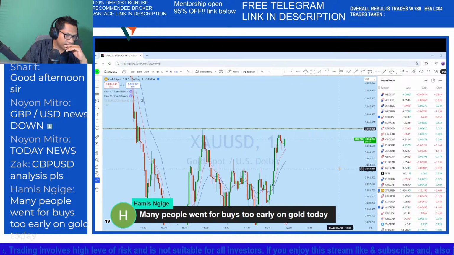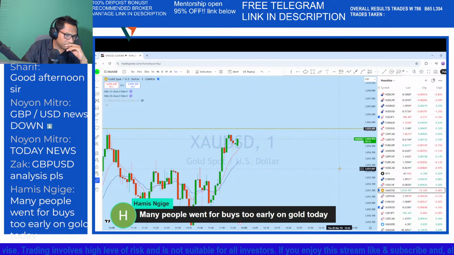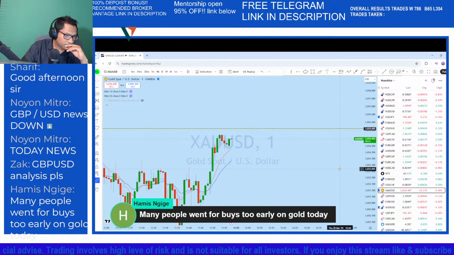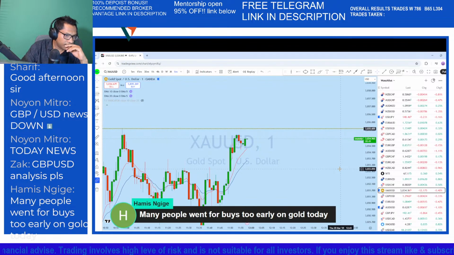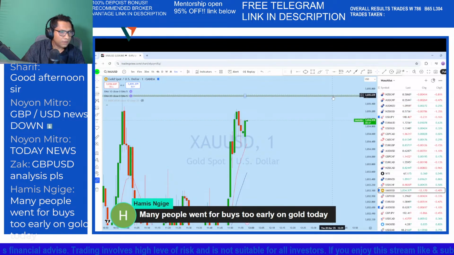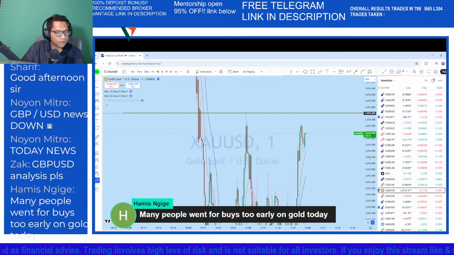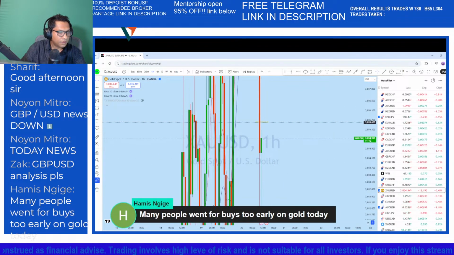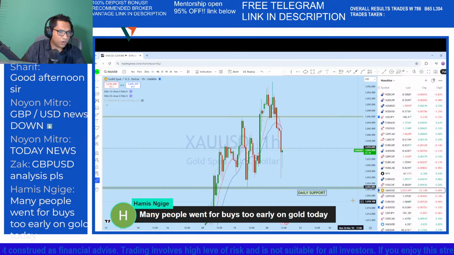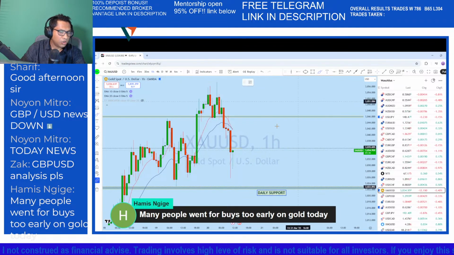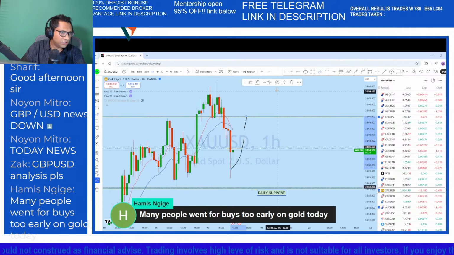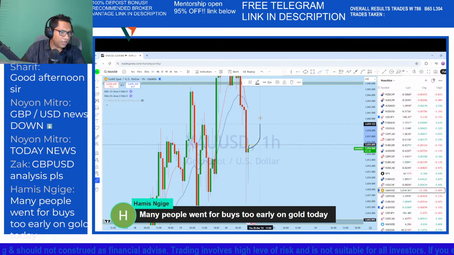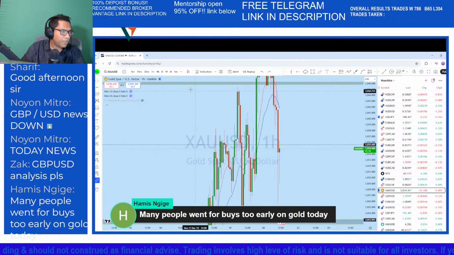Okay, this is the 1 hour doji, and with this 1 hour doji you can see the market is potentially heading to the upside here.